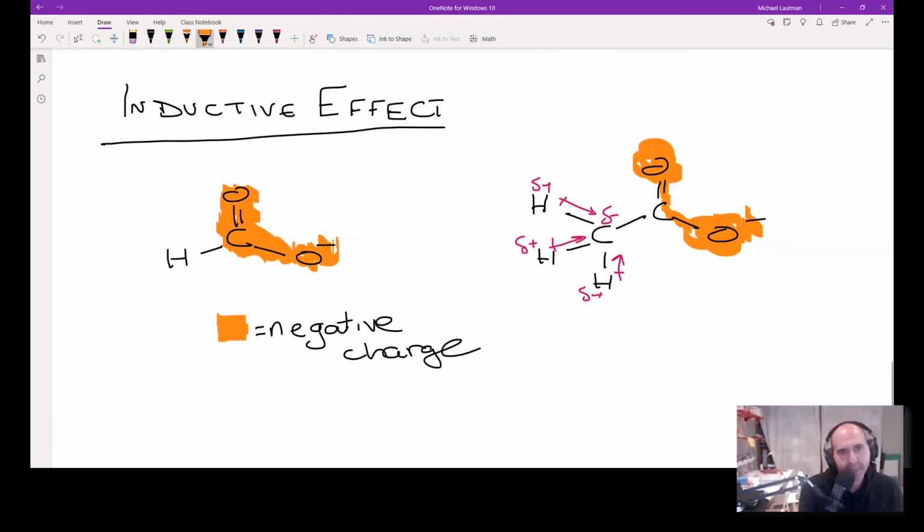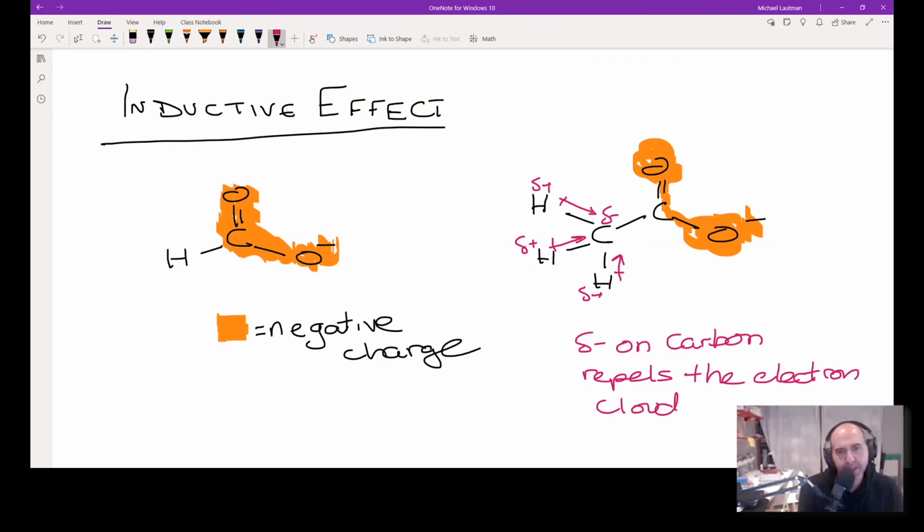In this case, the partial negative on the carbon repels this electron cloud and makes it less spread out. Okay, and if it's less spread out, it's more reactive.